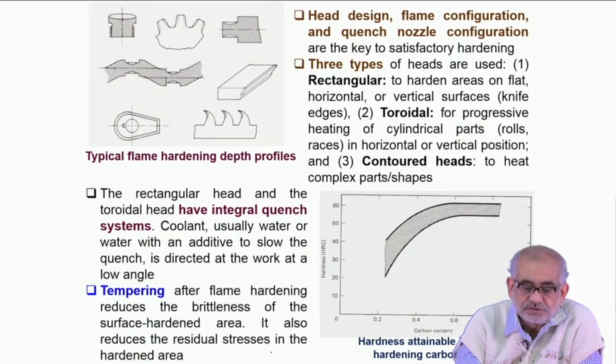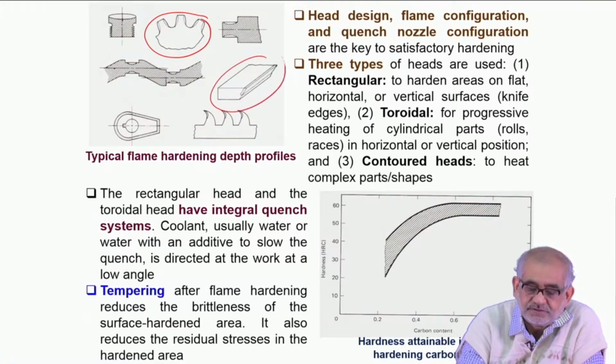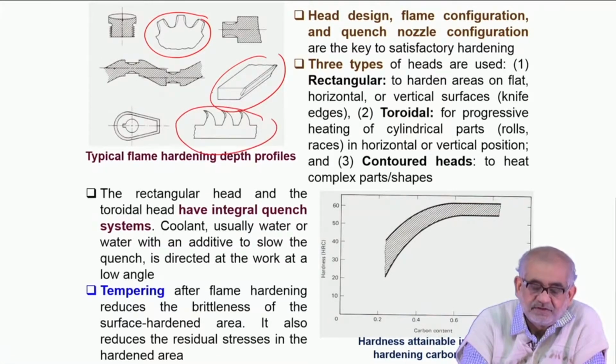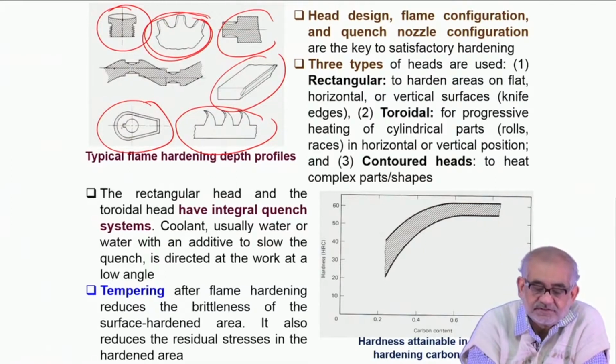Now, these are the various geometries which can be subjected to this: a shear blade, gear teeth, cams, and various kinds of shafts or screws and nuts, where the surface always should have higher hardness and higher wear resistance.